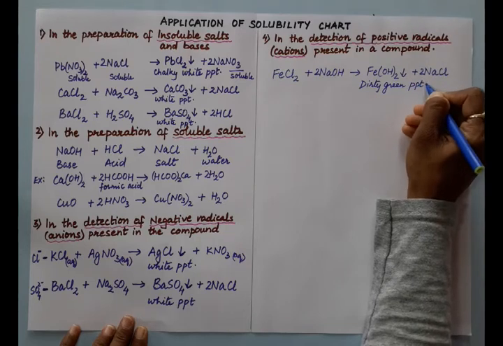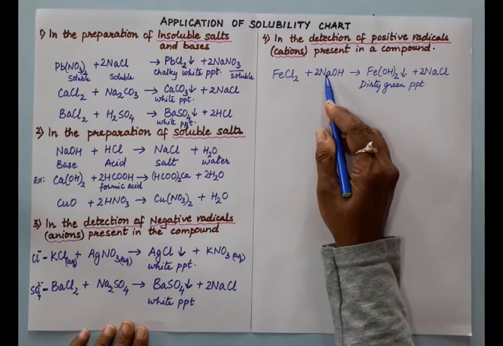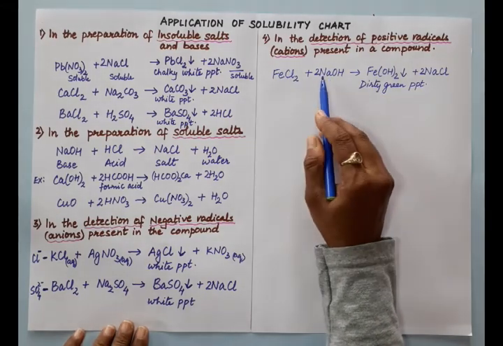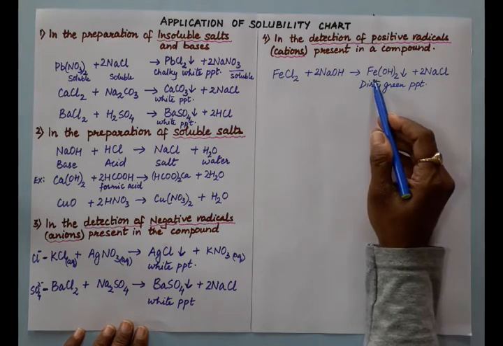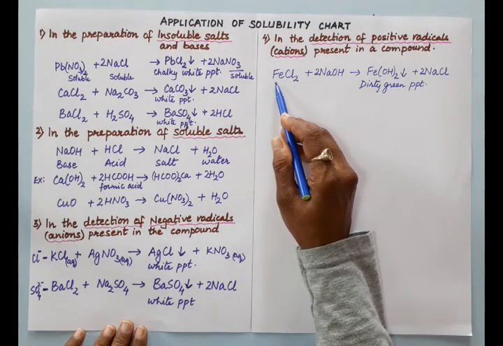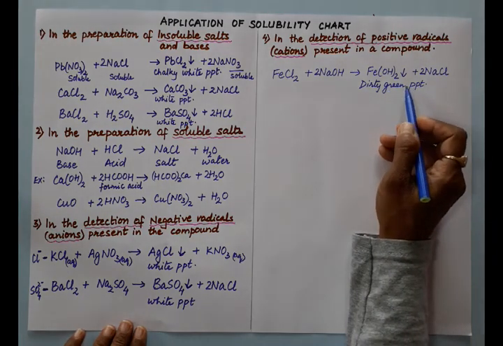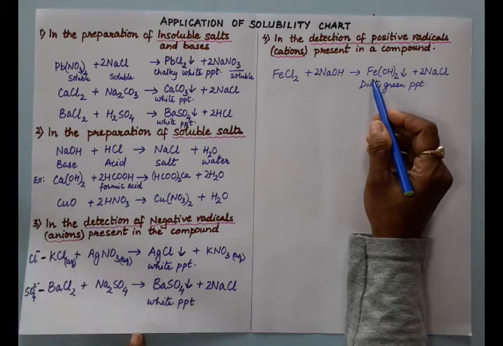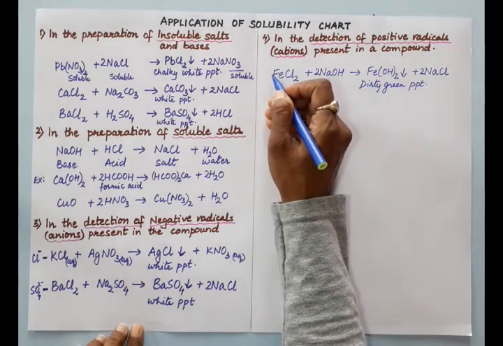So why are we using NaOH as a laboratory reagent to detect cations? Because it imparts a colored precipitate, due to which we come to know this substance has ferrous as cation. When we get a dirty green precipitate, it is confirmed that this is ferrous, so the salt has ferrous in it.